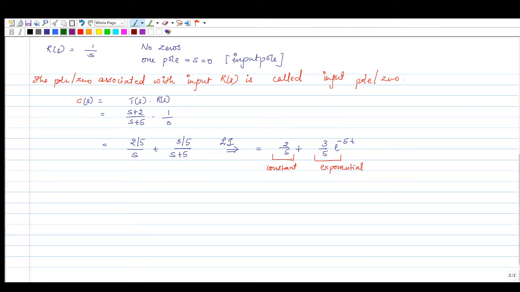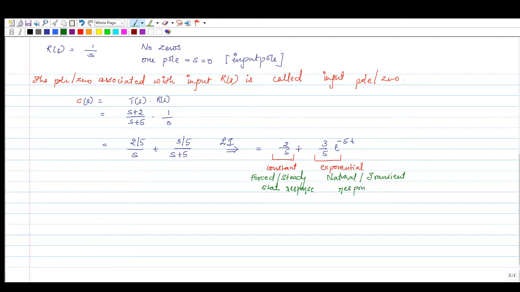Now coming to the types of responses that we've seen in the previous videos, this 2 by 5, we term it as forced or steady state response. And the second term, we call it as natural or transient response.